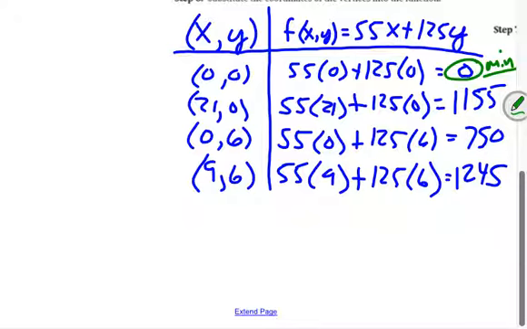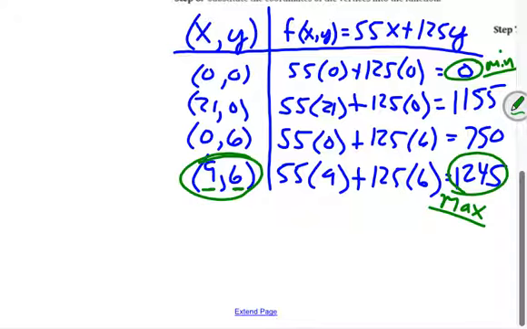No surgeries, no office appointments, that's it. Our maximum was 9 office visits and 6 surgeries of $1,245. So that's what they would want. This is what you would want on a daily basis, as close to that as possible to maximize the income.